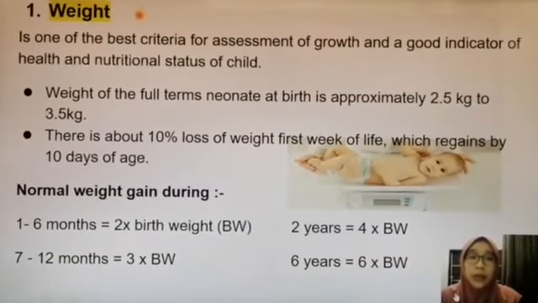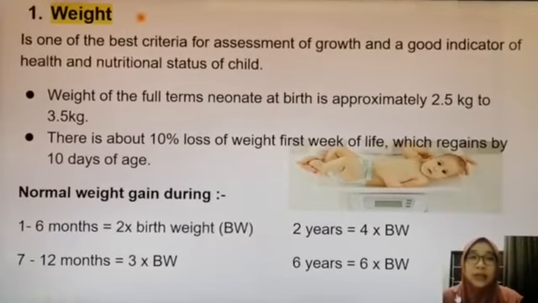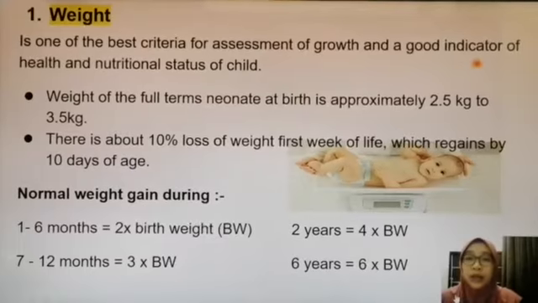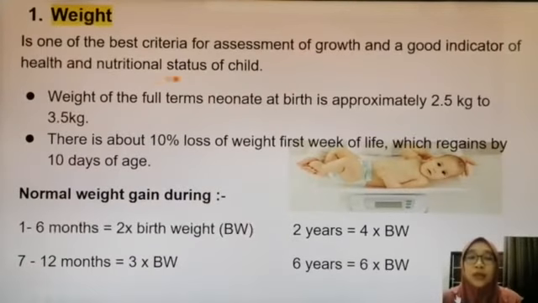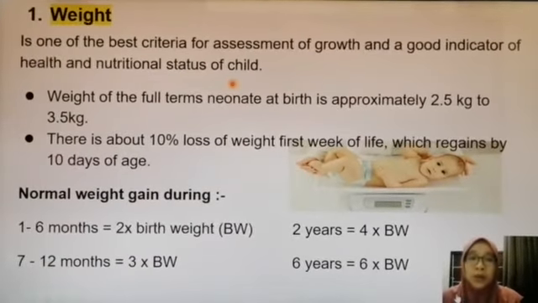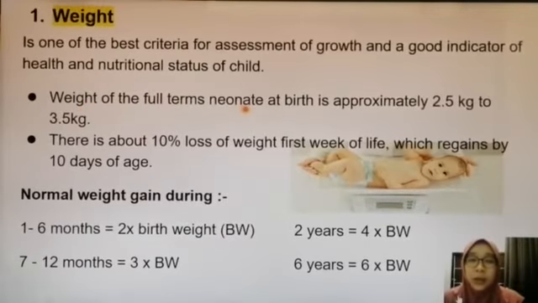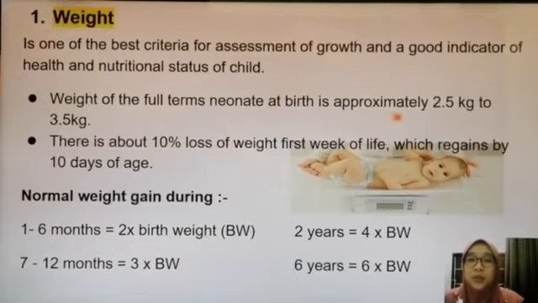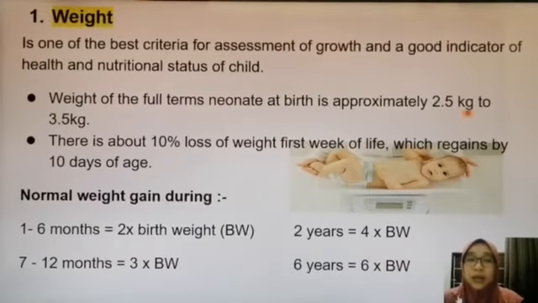Body weight is the best criterion for assessment of growth and a good indicator of the health and nutritional status of a child. For full term babies only, the normal body weight is approximately 2.5 kg to 3.5 kilograms.